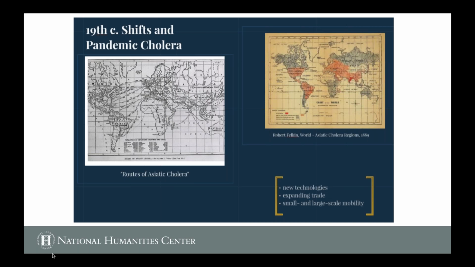But we see cholera labeled as something that is specifically Asiatic, even though after 1817 or so, it's really well established in a lot of different places globally. So these pandemics of cholera circulate.